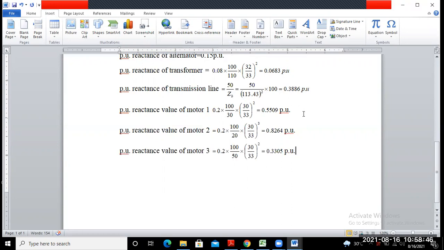So how can we calculate the per unit reactance value from the alternator to the fault point?